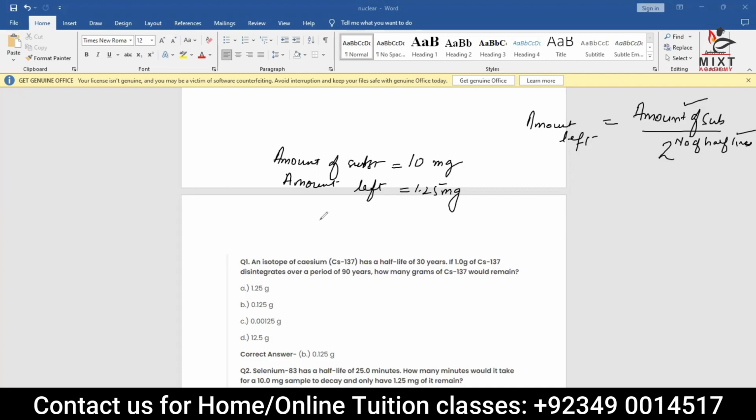And they say half-life is given: 25 minutes. What they're asking you is, how many minutes would it take? So how many minutes? That's what is required. Use this formula and check what you can find out.